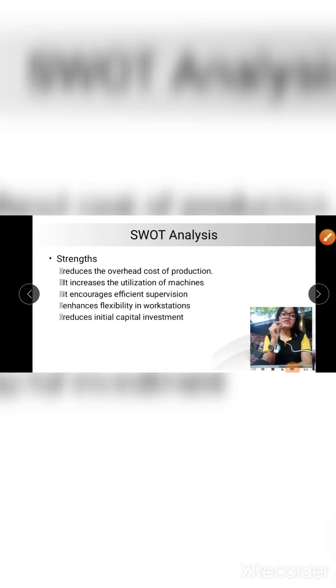We also have a SWOT analysis, which means the strengths, weaknesses, opportunities and threats in the production layout. In strengths, we have reduced overhead cost of production, increased utilization of machines, efficient supervision, enhanced flexibility in workstations, and reduced initial capital investment.